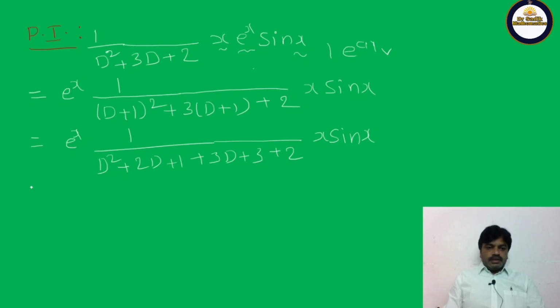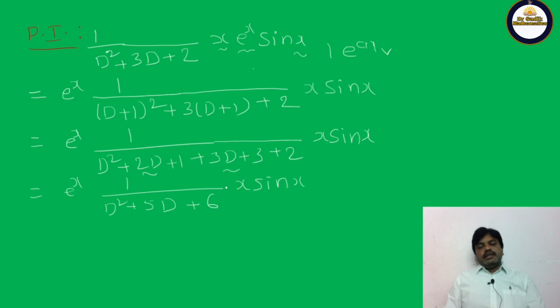That is equal to e power x times 1 by D square plus 5D (2D plus 3D), plus 6 (1 plus 3 is 4, plus 2 is 6), into x sin x.